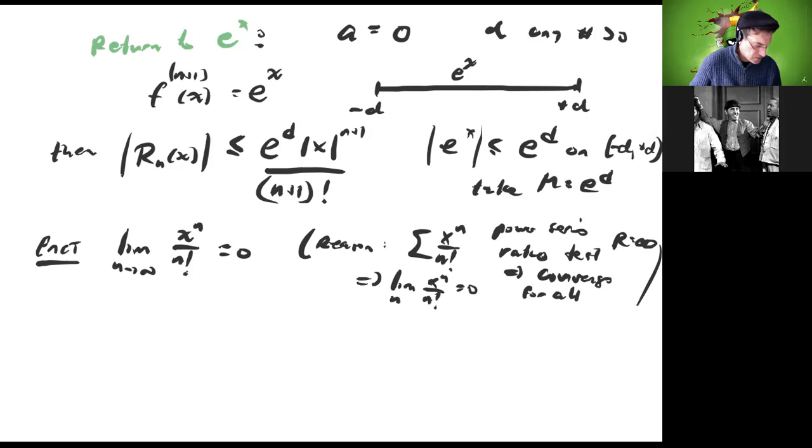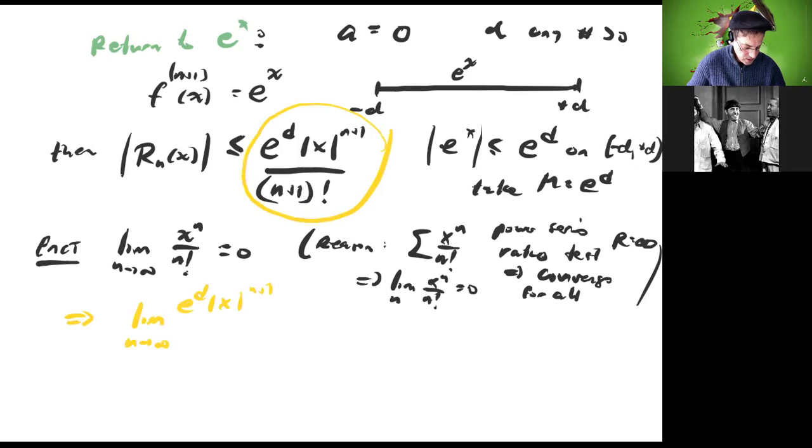The reason why this fact is important is we can apply it to the expression that I'm circling in yellow. Let's look at that expression. The limit as n goes to infinity of e to the d times the absolute value of x to the n plus 1 over n plus 1 factorial is certainly going to 0, because we can pull the constant out.